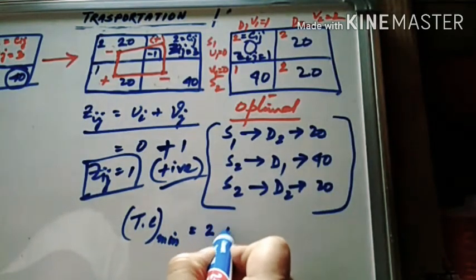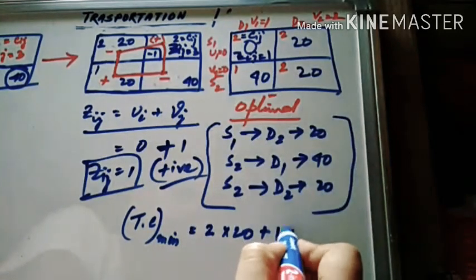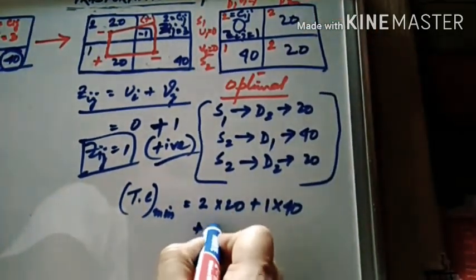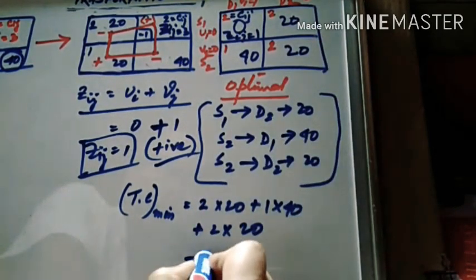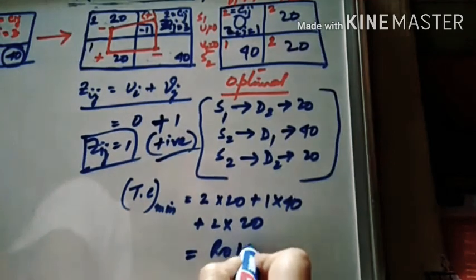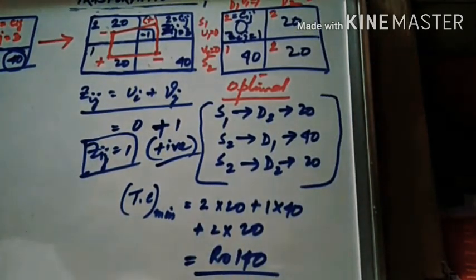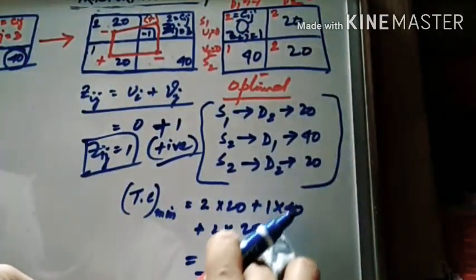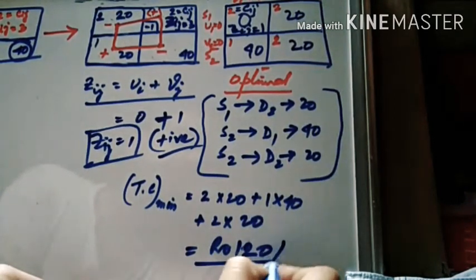So 2 into 20 plus 1 into 40, plus 2 into 20, which gives you rupees 140. Now you can see that this one is 120, my mistake. It is 120.